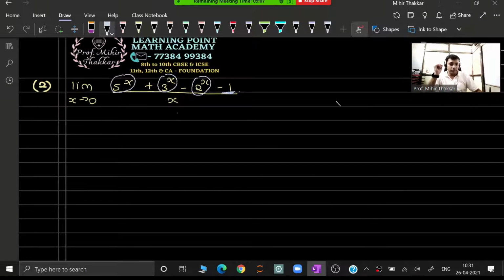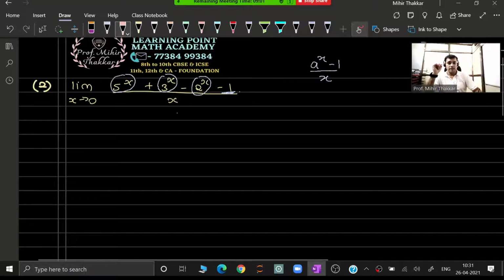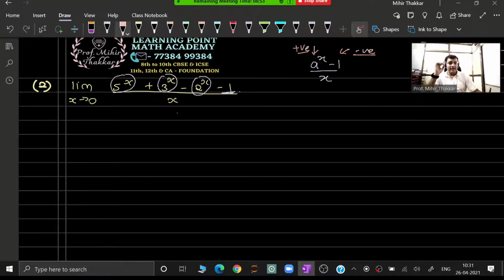Remember one very important thing guys, your formula is like this: a raised to x minus 1 upon x, where I can observe that this is a positive element whereas this is a negative element. So I can adjust this minus 1 of the question either with 3 raised to x or 5 raised to x, any one element of your choice. But the remaining elements needs to be adjusted with minus 1 by adding and subtracting.